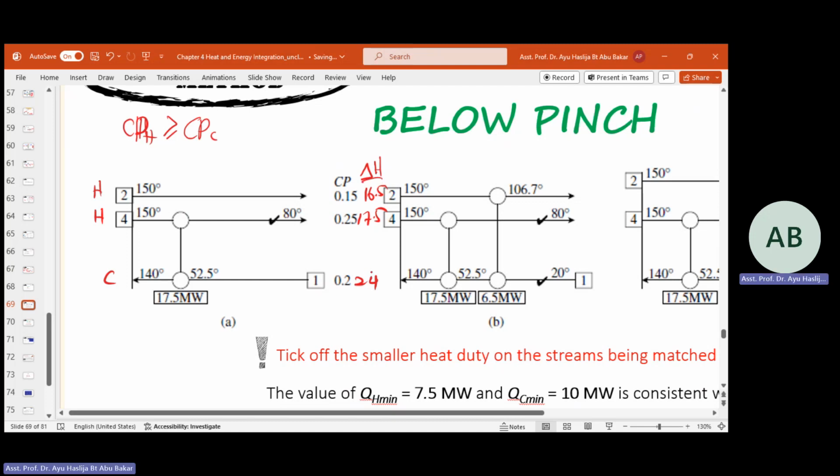This is the delta H from the earlier calculation. So, stream 4 transferred 17.5, fully 17.5, because stream 1 requires 24 megawatt to achieve the T target.